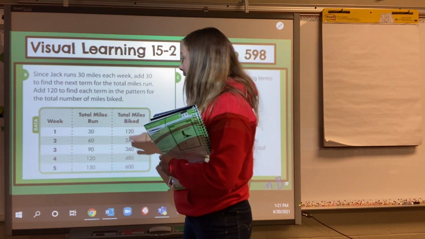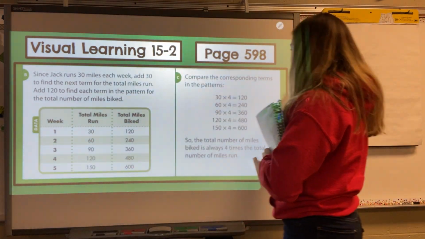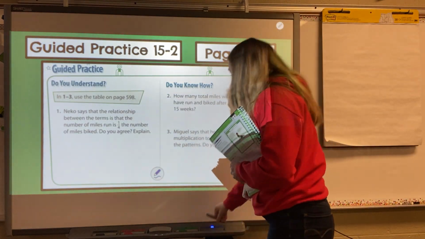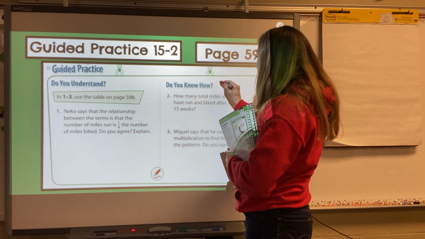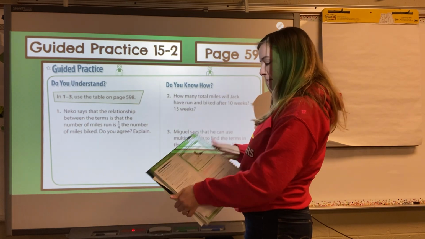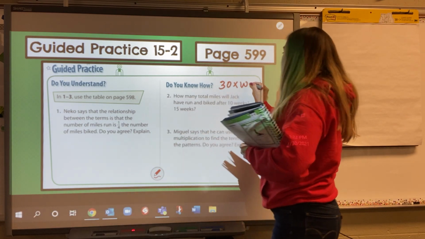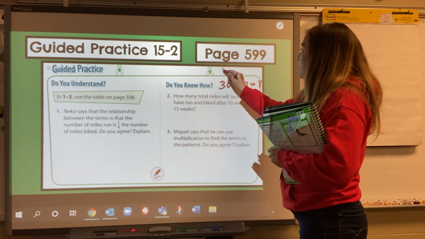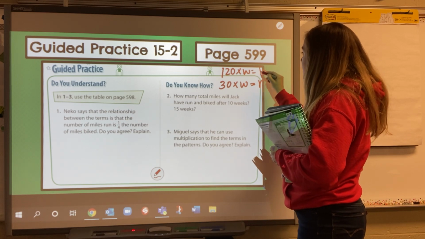And the same thing for the bikes, but 120 times the number of weeks gets me my answer for that week. So we'd have 30 times the number of weeks would give us how many he ran. And then 120 times the number of weeks would give us how much he biked.